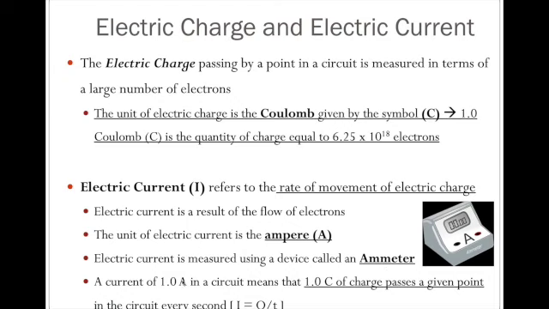A current of 1 amp in a circuit means that 1 coulomb of charge passes a given point in the circuit every second. And we have this little equation showing the relationship between Q, the charge, divided by the lowercase t, which stands for time, right? So charge divided by time will give us the current.